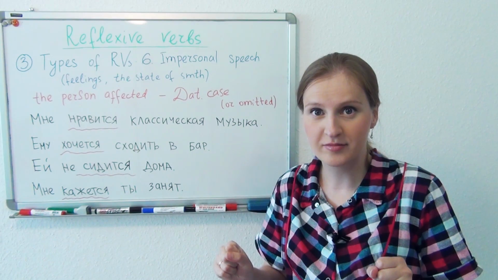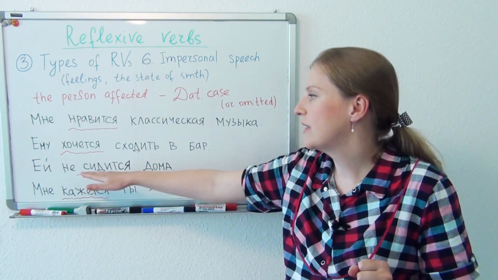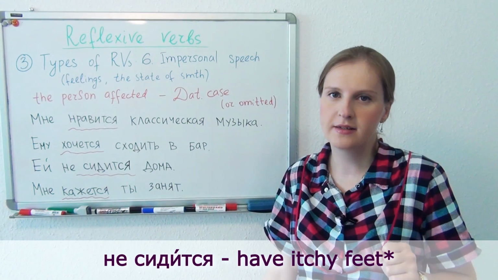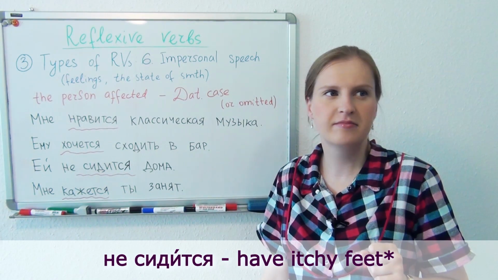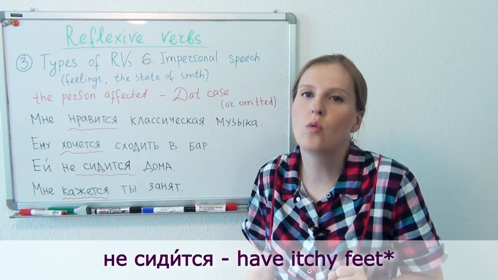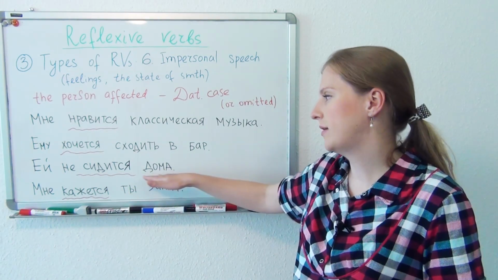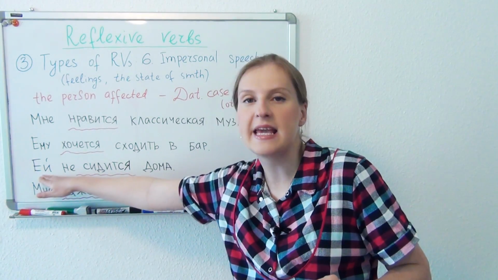Stay strong. You are doing great. Okay? Anyway, so ей не сидится дома. It means that she has itchy feet. She doesn't want to stay at home. She wants to go out. Ей не сидится дома. Once again, ей, the dative case.